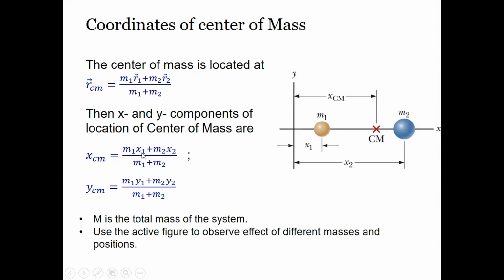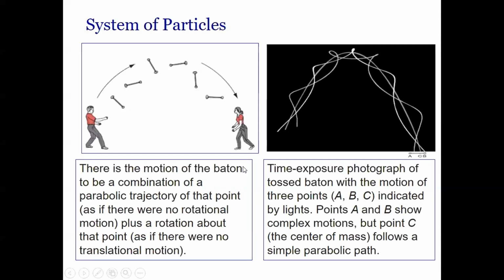Each position coordinate is weighted according to the mass ratio, the mass of that particle with respect to the total mass. The total mass is m1 plus m2, which is capital M, and we use this to observe that different masses and different positions can be used to talk about the coordinate of a center of mass.